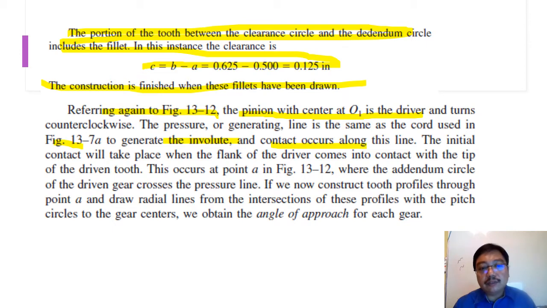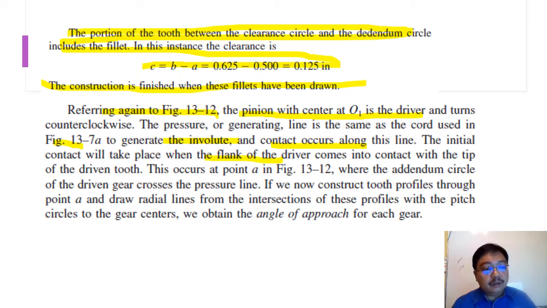The initial contact will take place when the flank of the driver comes into contact with the tip of the driven tooth. It is better to have the nomenclature of the tip beside you. As I always remind in the previous video, while you are trying to familiarize with the terms, it is better to have the nomenclature beside you when you are studying the book.